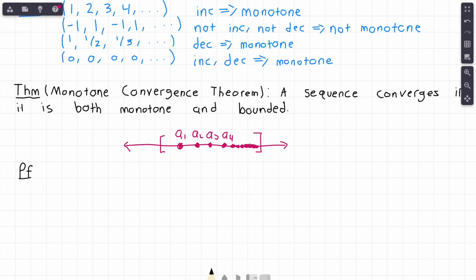So we're going to start off with a monotone sequence that is bounded. So let a_n be monotone and bounded.